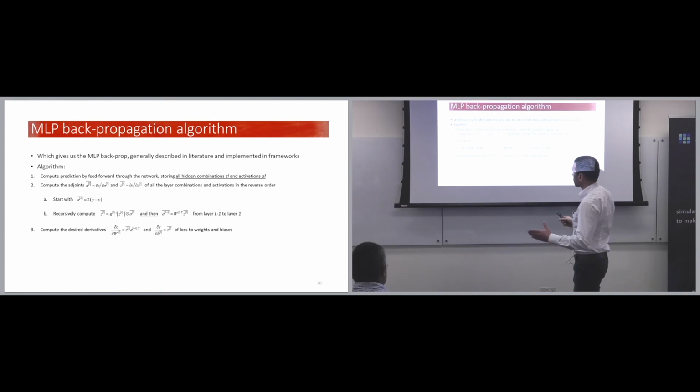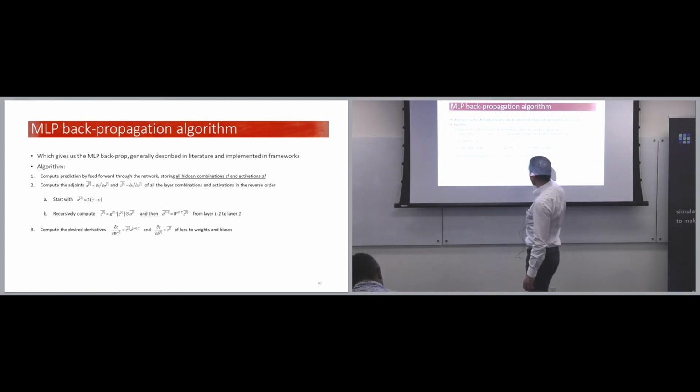And finally, when we get the adjoints of all the activations, we can compute the sensitivities to all the weights and biases. The sensitivities to the biases are the same as the sensitivities to the linear combinations.